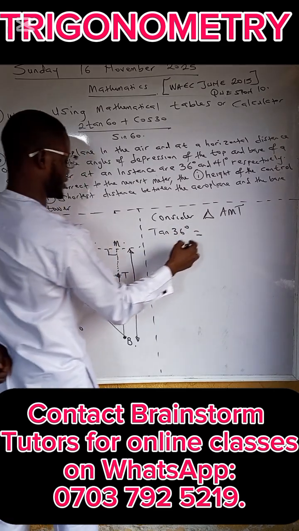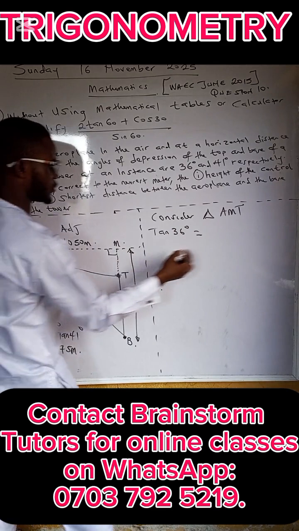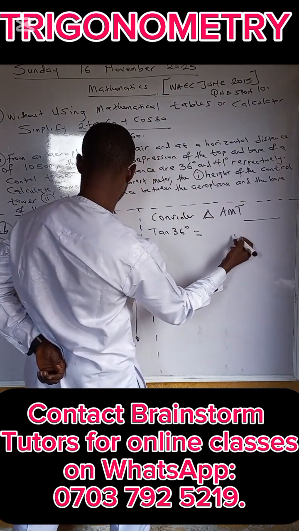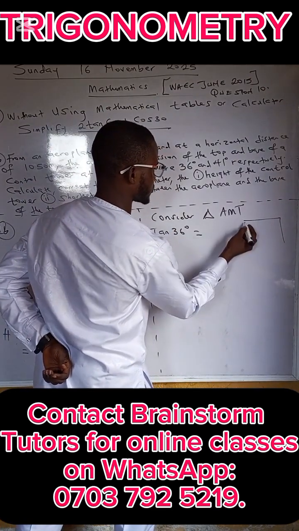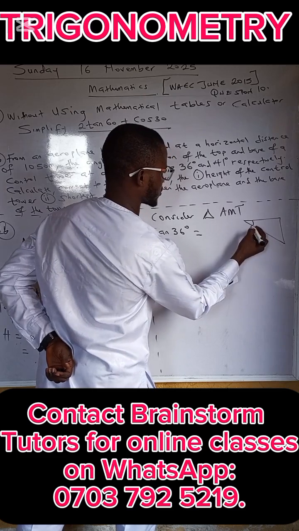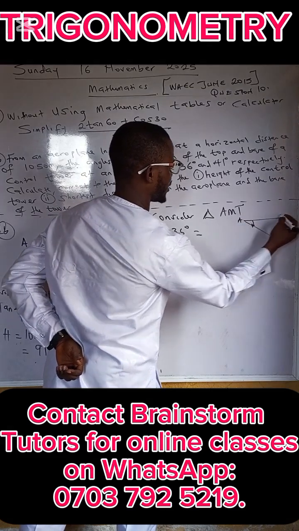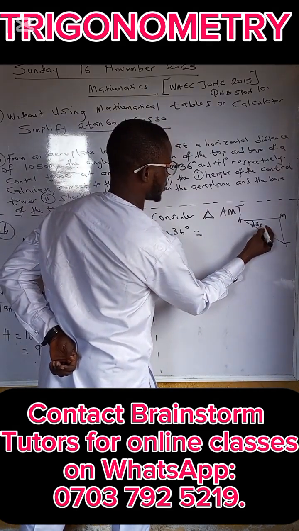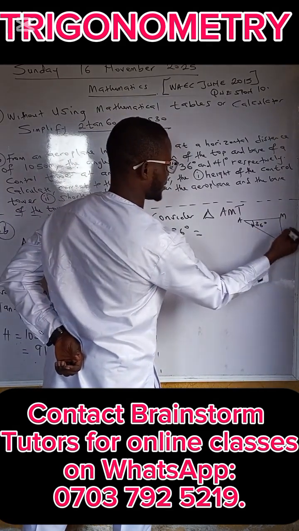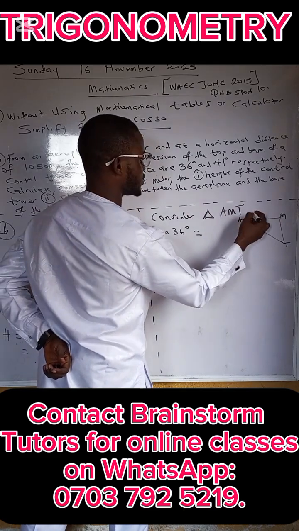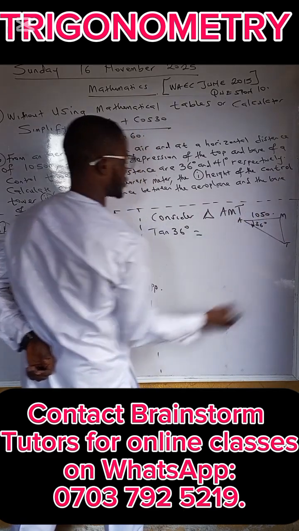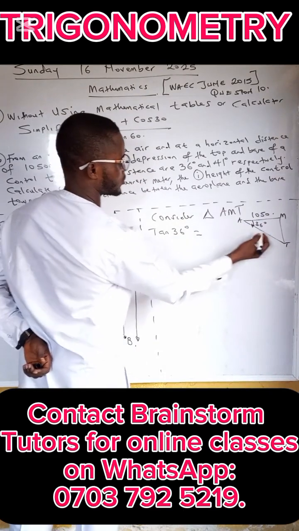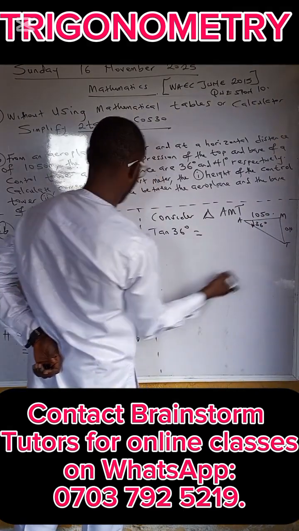equals NT, which is the opposite. Remember, we are considering this triangle that we have here, which is ANT. Here is 36 degrees. Then MT, we don't know. We all know this to be 1050 meters. So here is my opposite that I'm looking for.